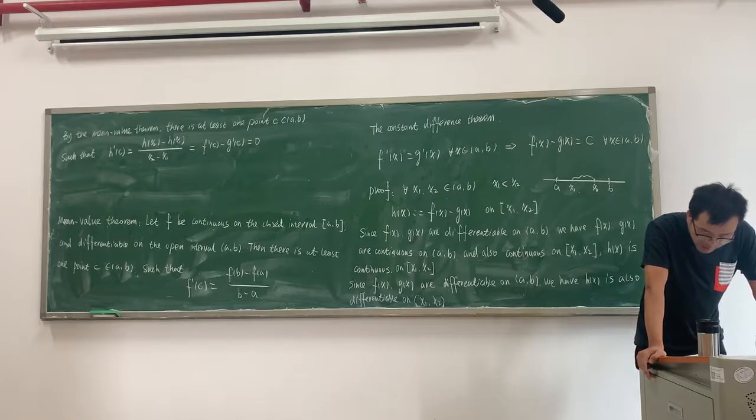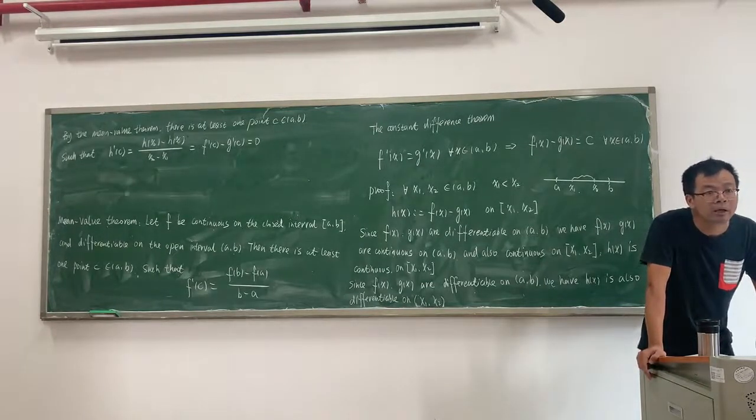Number C. If f prime equal to 0 for any value of x in (a, b), then f is constant on (a, b), okay?